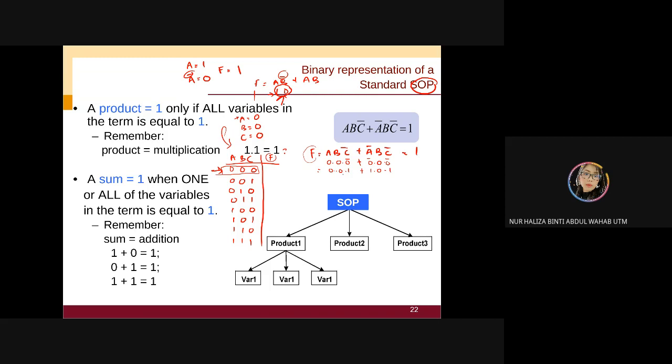If I multiply this, I will get 0 plus 0. 0 plus 0 is what? Of course, you know it is 0. That's why you get 0 here.